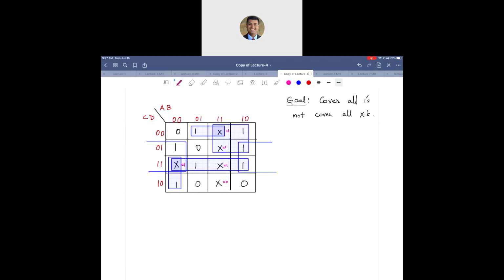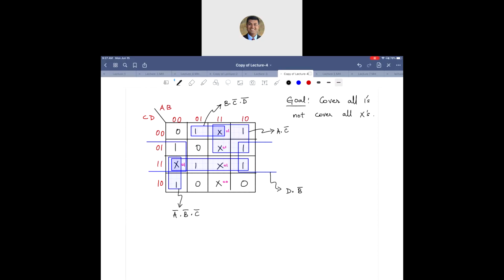All right, let's write out the answer here. Let's write out each product term. So for this guy, you have D and B complement. For this guy, you have A and C complement. For this guy, you have, what is that? B is a 1, C is a 0, D is a 0. For the next guy here, A is a 0, B is a 0, C is a 1.